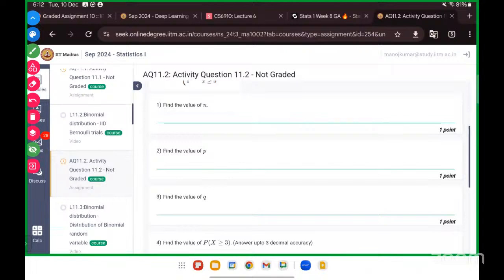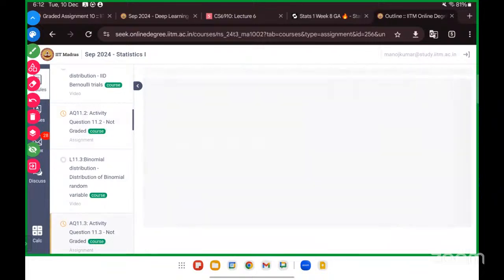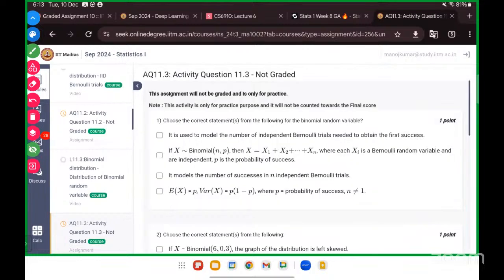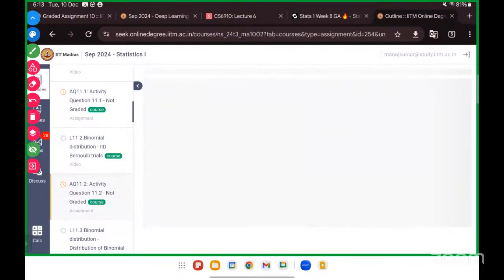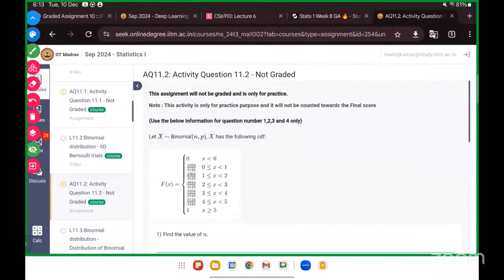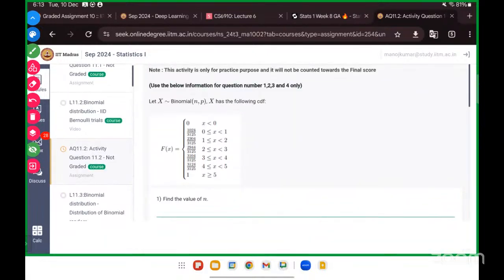Sir, are you audible? Yes, you are audible. 11.2, question number first, on the cumulative distribution function. This question, the CDF.